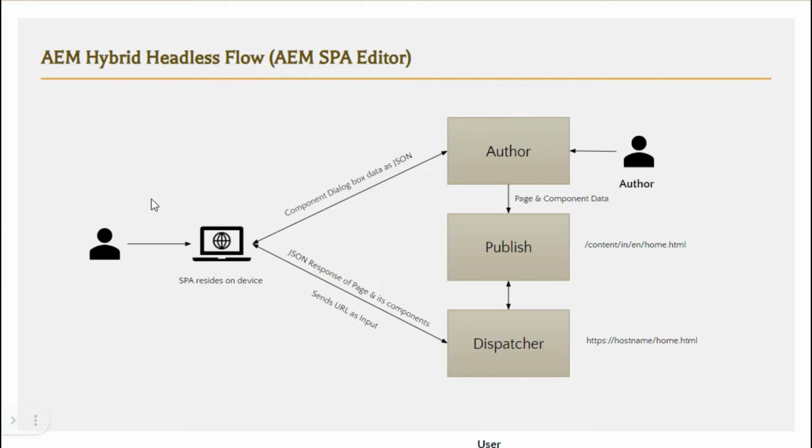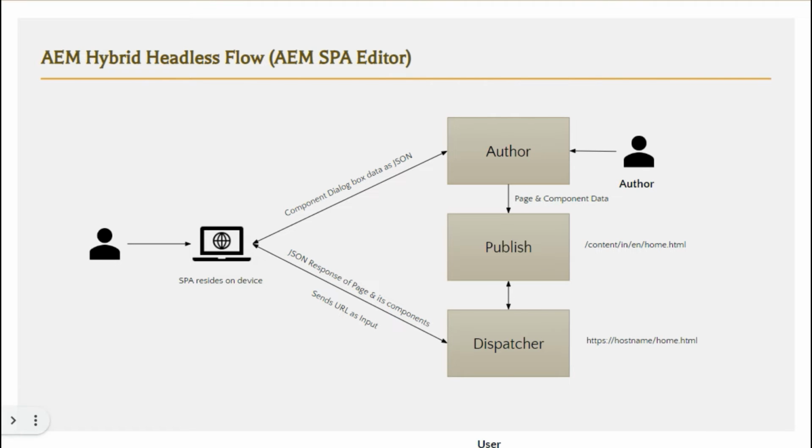Then how is it differentiating which components have to be loaded on the home page versus which have to be loaded on the contact us page? How is it able to differentiate? It is able to differentiate because the page component in the SPA is getting the list of components on that particular page from AEM.